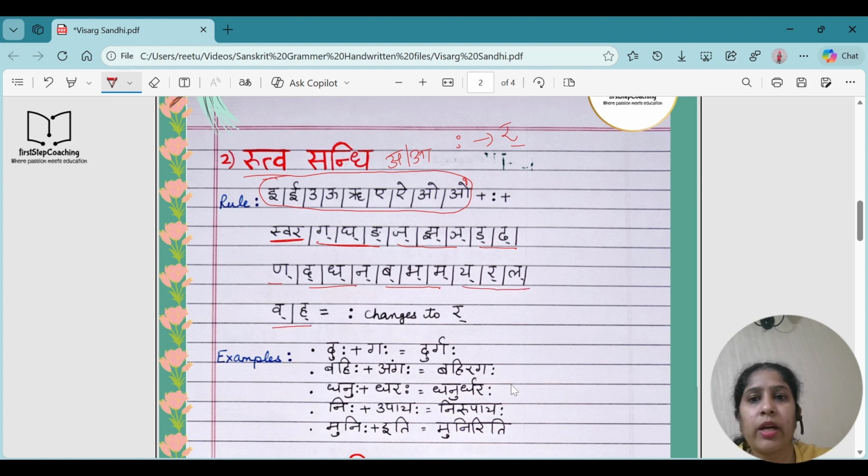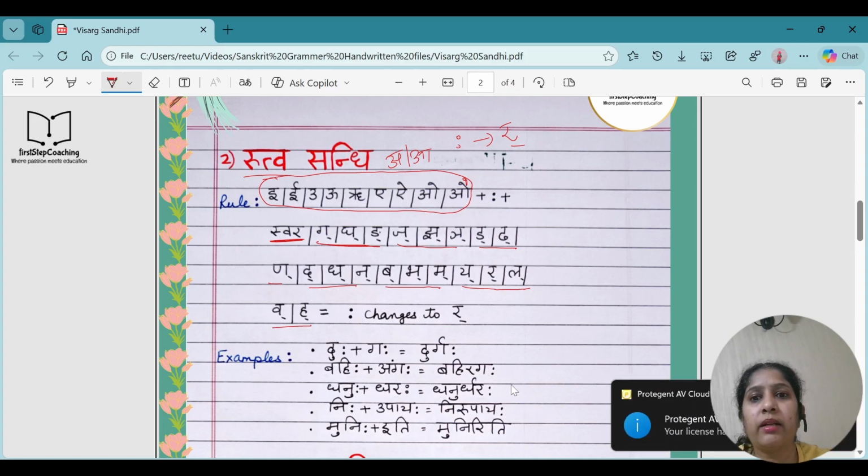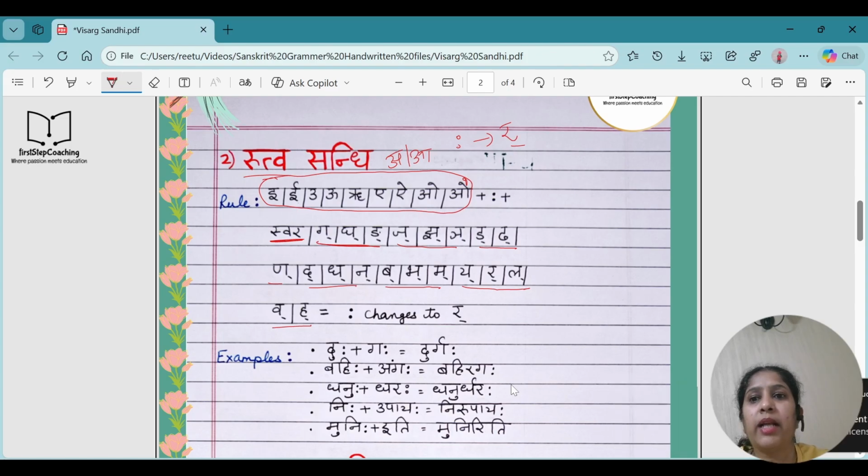Anything out of these, or any swar. Here there is no restriction. Just the first word should not end with a or aa matra. Other than that, any swar and then visarg, and then any swar or the third, fourth, fifth letter or ya, ra, la, va, ha. That time visarg changes to ra.